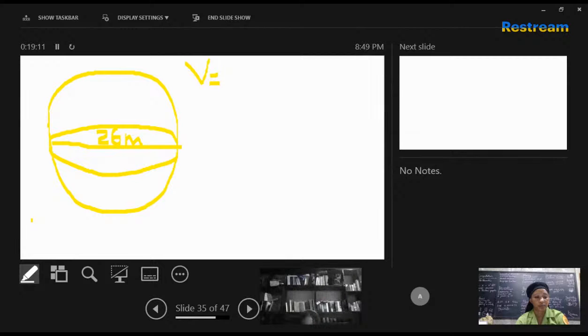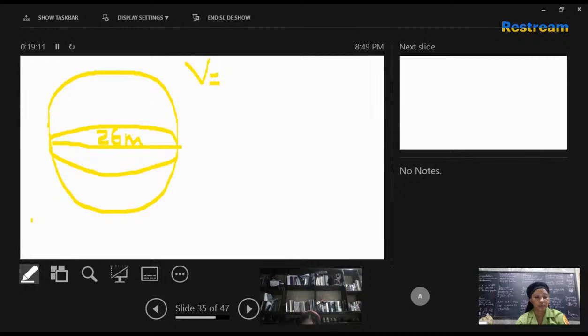So the radius is 13 meters. And the volume of the sphere is 4/3 times pi r cubed.